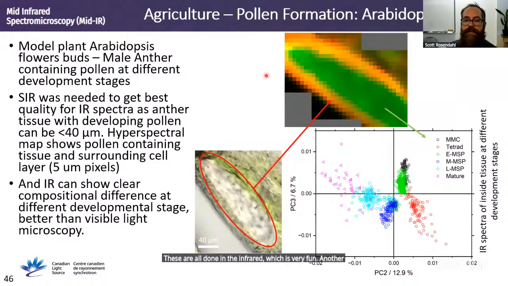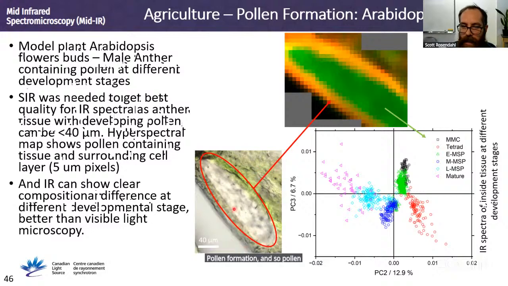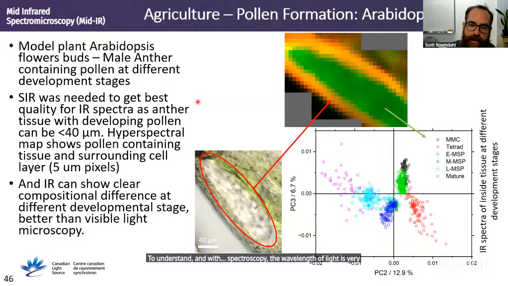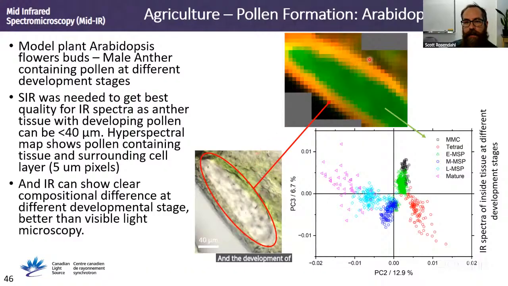Another interesting area is pollen formation. And so pollen, very important to understand. And with IR spectroscopy, the wavelength of light is very good at analyzing pollen grains and pollen kind of size. And the development of pollen, in this case, in rhododendron flowers, when analyzed using PCA, is very good at basically isolating out the transformation of pollen as it grows.